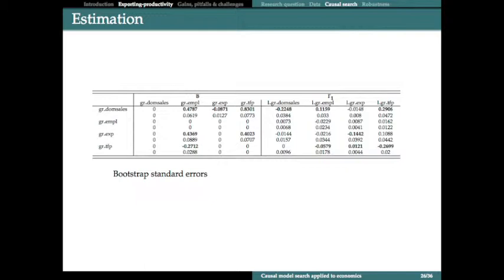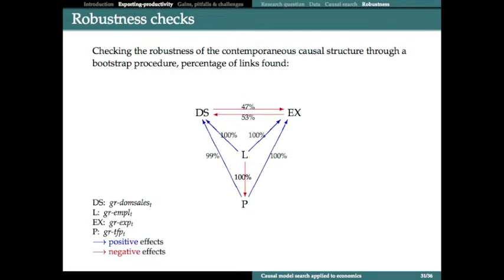So I think the first thing we want to check is how stable are these links. And I completely agree with Kevin's idea of using bootstrapping. So check the robustness of the causal structure to a bootstrap procedure, and we find this interesting thing. It's not surprising for an economist that export has a negative effect on domestic sales. So you focus on export, so you neglect domestic sales.